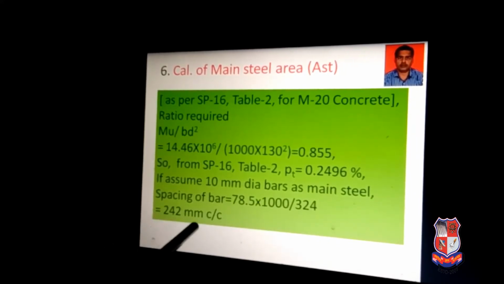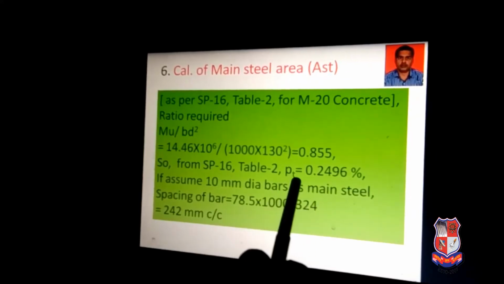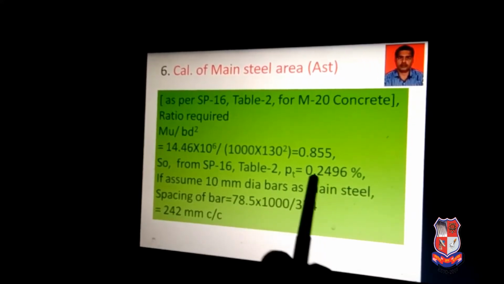It comes 242 millimeters center to center. So directly we have written the area of steel AST, that is PT by 100 into B into D, and directly this comes 324 millimeters square.